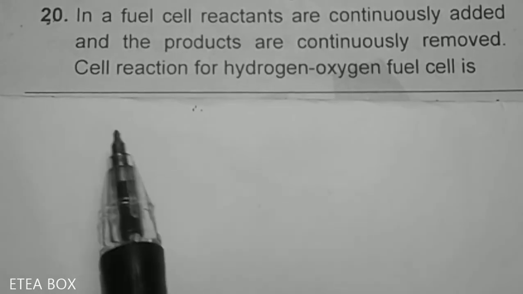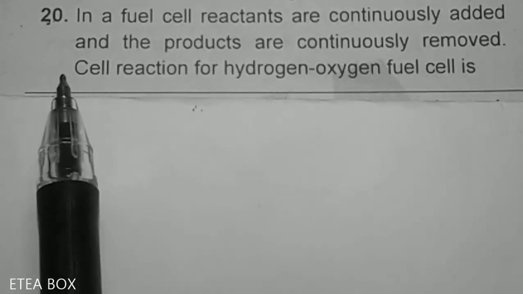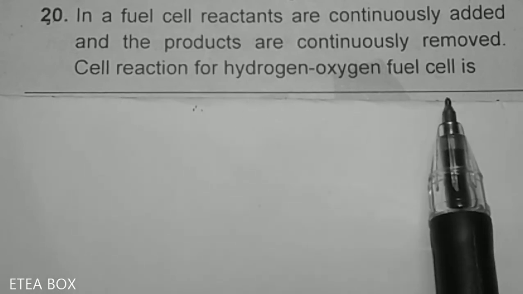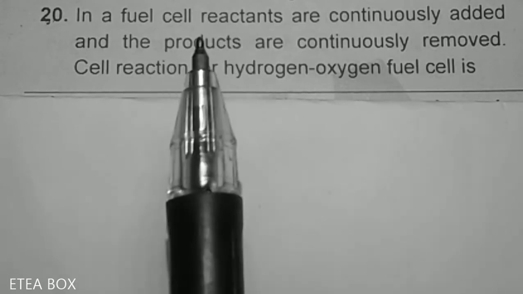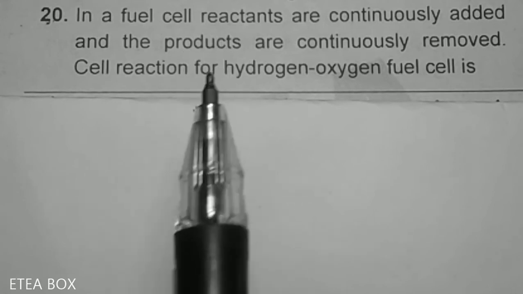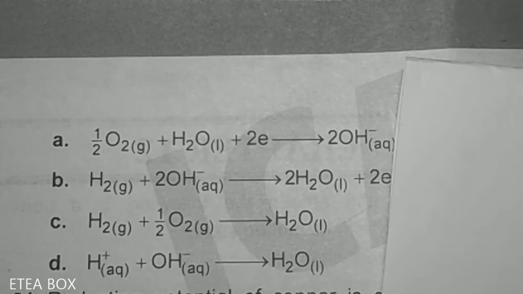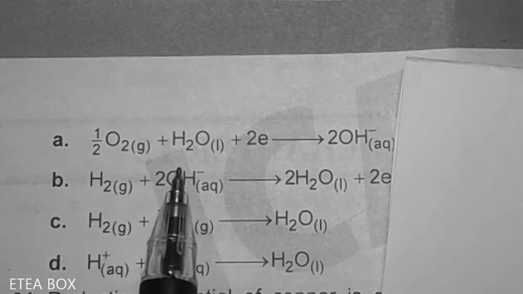In a fuel cell, reactants are continuously added and the products are continuously removed. The reaction for hydrogen oxygen fuel cell is, here we know that the reactants are hydrogen and oxygen and the product is water. Now look at the options. Option A: oxygen is reactant, water is reactant.